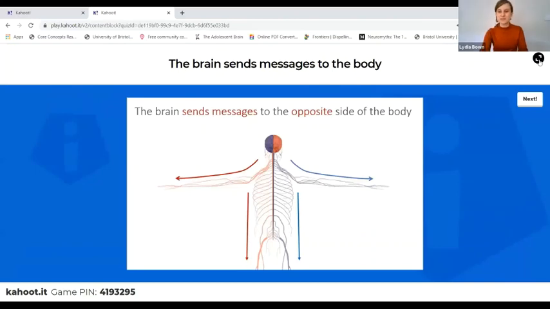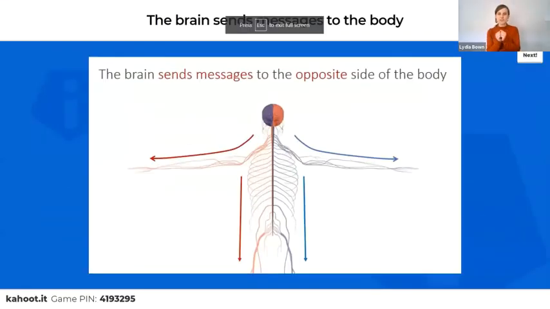So we've got the slide here showing that the brain sends messages to the body, and as we talked about, the 2 hemispheres of the brain. So the brain sends messages to the opposite side of the body. So here is the right side of my brain, and the right side of my brain will send messages, for example, to my left hand to tell it to do different things.